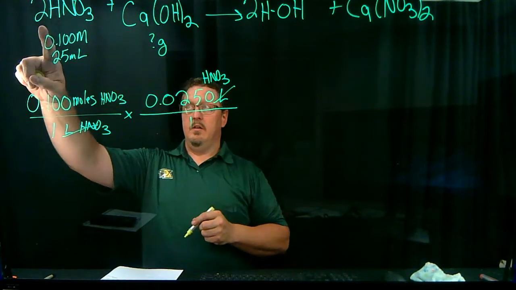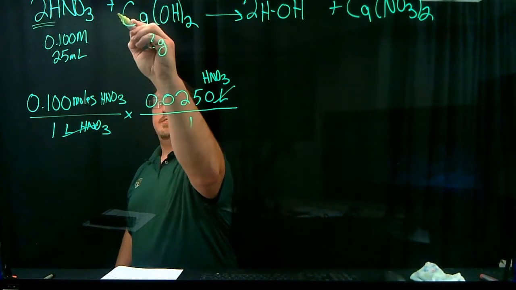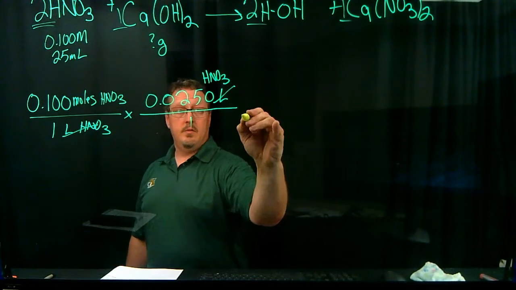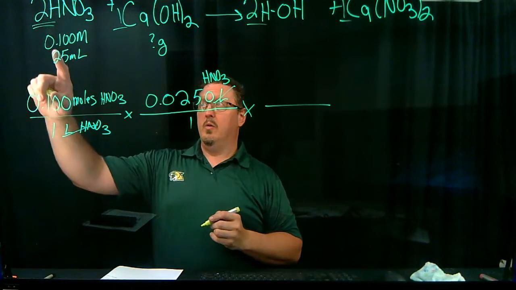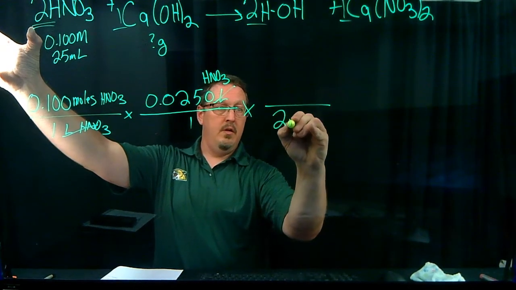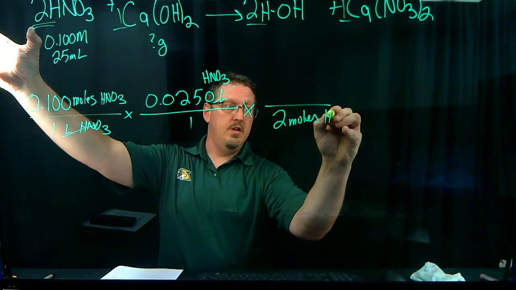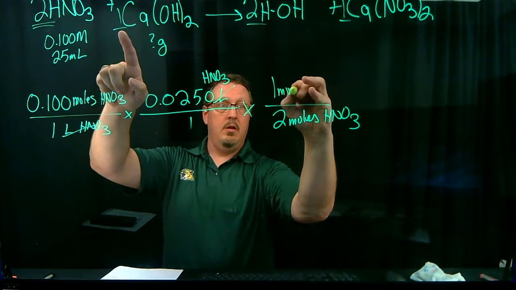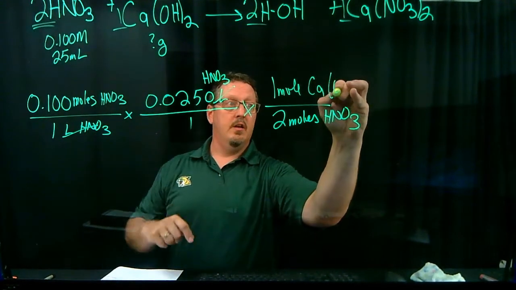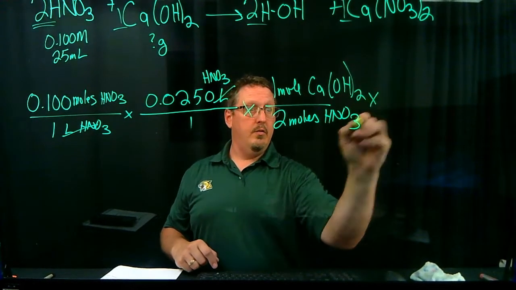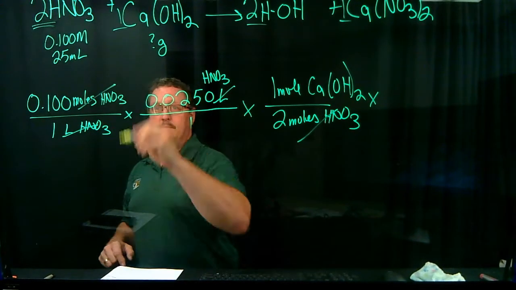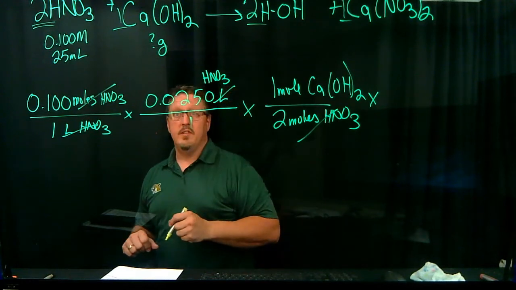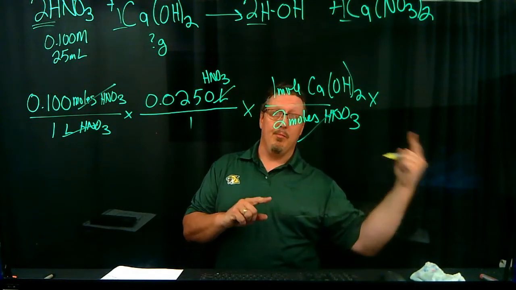These stoichiometric equivalences, 2 to 1 to 2 to 1, are essentially in moles. So for every 2 moles of HNO3 that I react, I'm going to use 1 mole of calcium hydroxide. So moles of HNO3 are gone. Now I'm in moles of calcium hydroxide. The last step is to get from moles of calcium hydroxide to grams of calcium hydroxide.